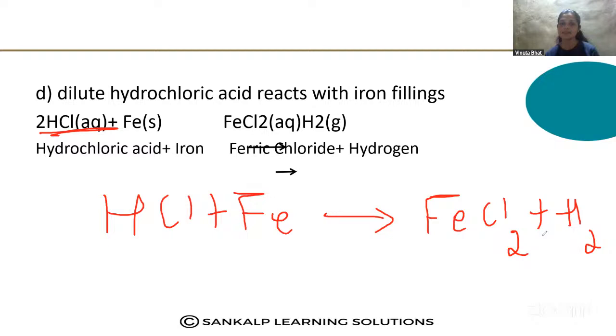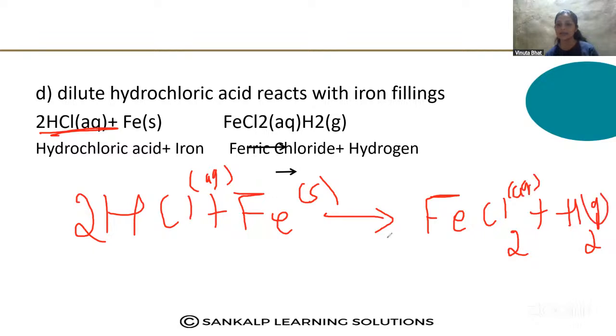Just try to balance this reaction. Yes, 2 hydrogens, here also 2 hydrogens I will add, and 2 chlorine, that is also balanced, Fe is also balanced, and here aqueous and solid, FeCl2 aqueous, and hydrogen gas, right? So this is the balanced chemical reaction.